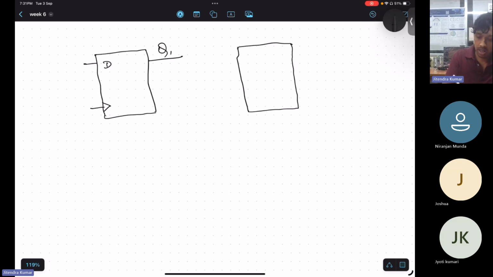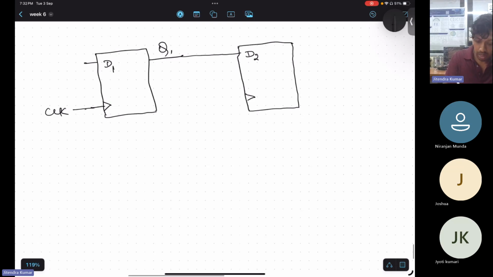Q1, okay, D1, and this is clock, and this Q1 will get fed to D2, okay, and here again another clock is there, and these clocks are complement to each other. Both these clocks are complement to each other.